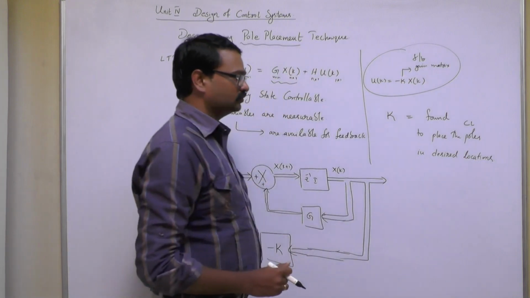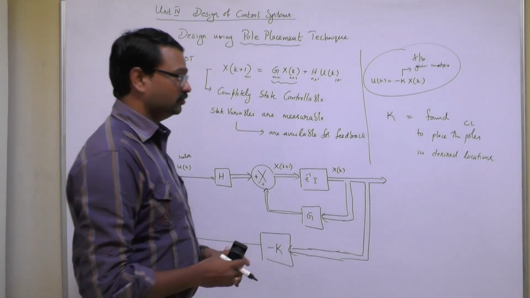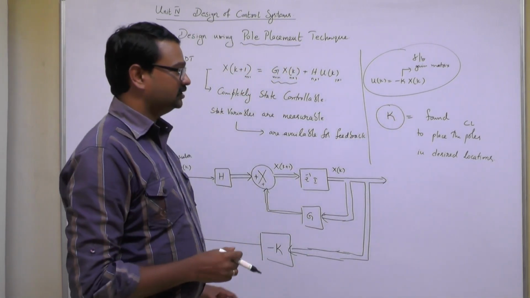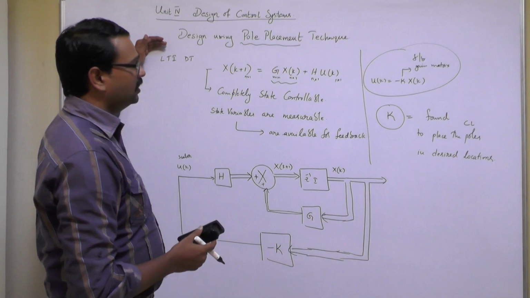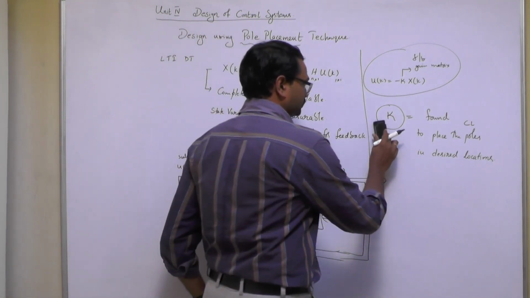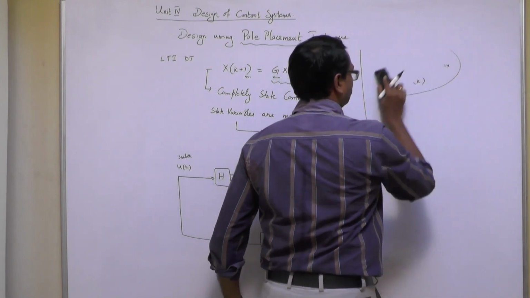Wherever required, we want to place these poles in the desired locations. So for that to happen, what is the value of the k matrix? That is what we are going to see in design using pole placement technique. This is the design of discrete time control systems.